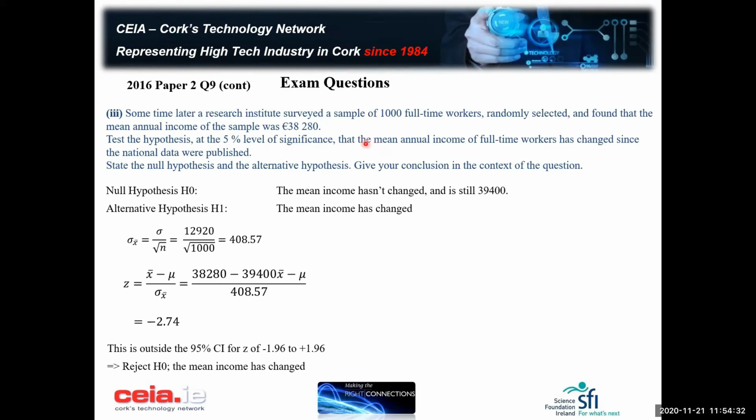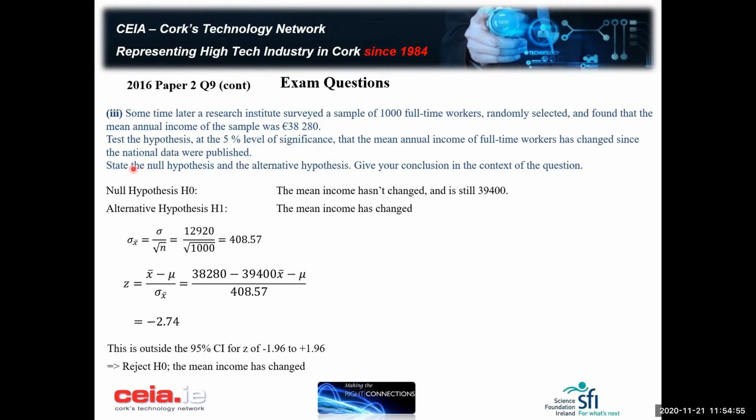And we want to see whether this is consistent with the original stated average of 39,400, or whether that mean has changed from 39,400.